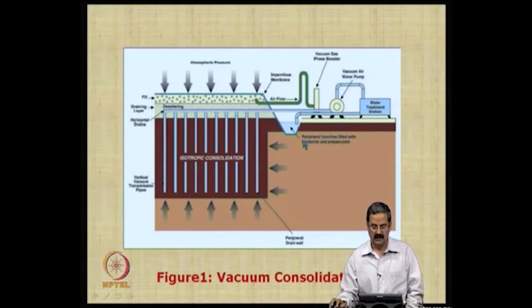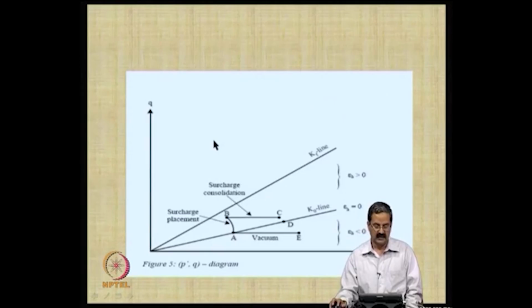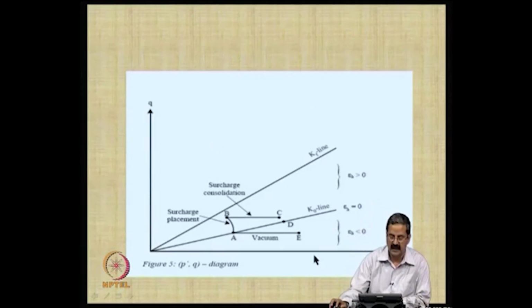So, you can see that you have a system here also, you are trying to consolidate this portion also by a suitable arrangement like this. The principle is that, like we are all familiar with the PQ diagram, P is nothing but sigma 1 plus 2 sigma 3 by 3, Q is sigma 1 minus sigma 3, and this is a line which is called the K naught line.